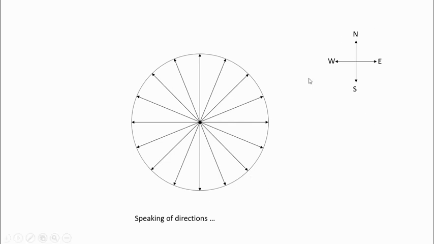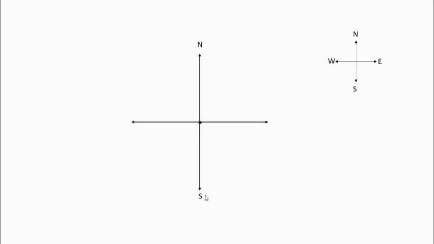One way we can do that is to use the cardinal points. So if we have a reference system, if we're using the cardinal points as our reference, then we can choose to use north, south, east, west to indicate the directions of these vectors.